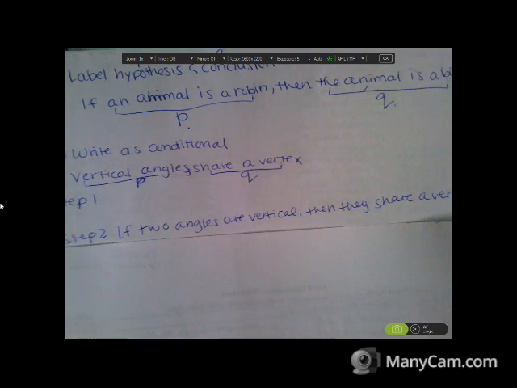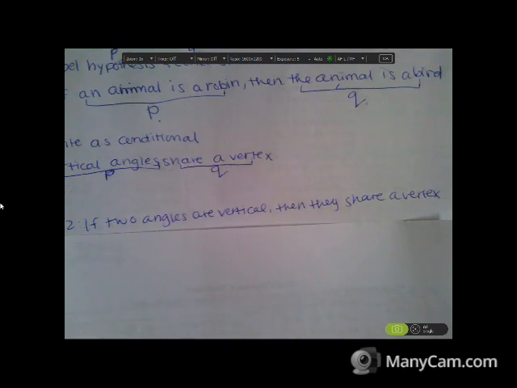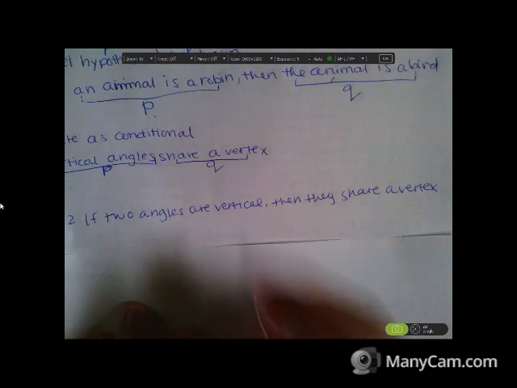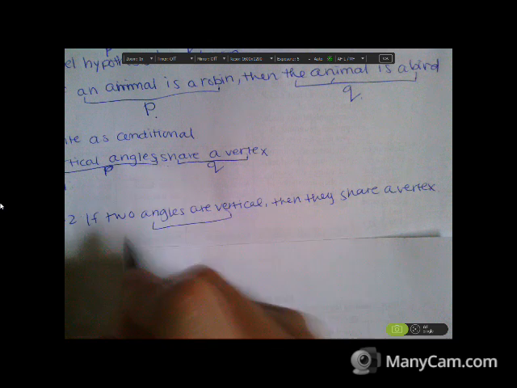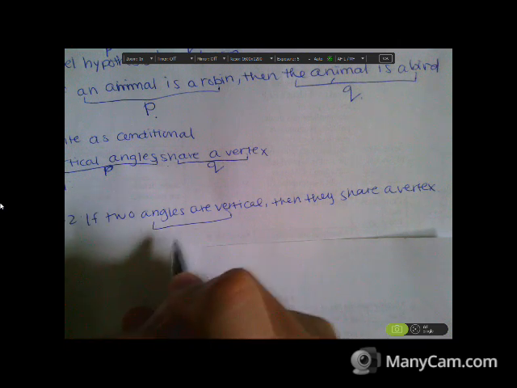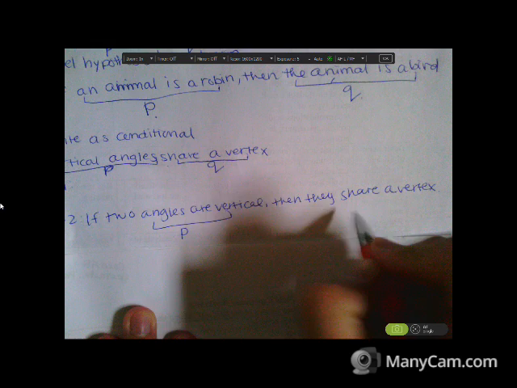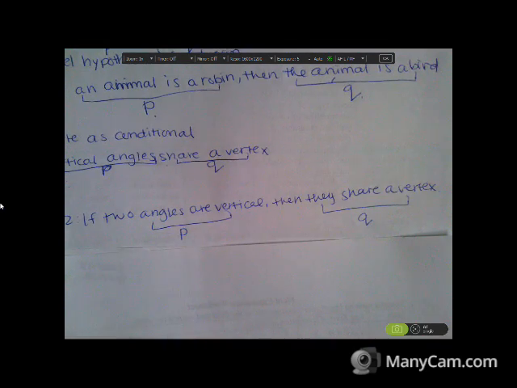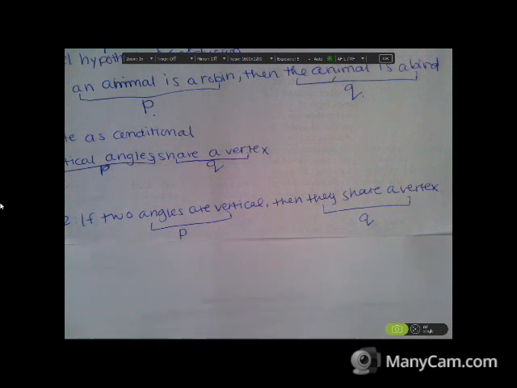So that means that 2 angles are vertical, that's your hypothesis, then they share a vertex. That is your conclusion. Alright, so why don't you try to got it?